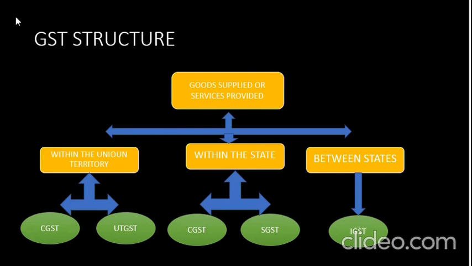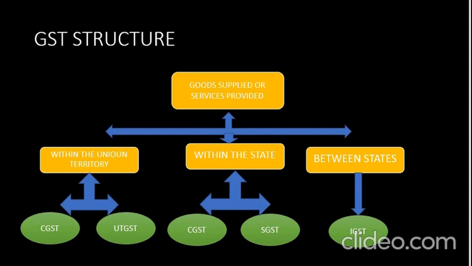Now we're looking into the goods GST structure. We will get into the different GSTs charged across India. Goods supplied or services provided are divided into three: within the union territory, within the state, and between states. When I speak about union territories, in the same way as the state government and the center government have their own governments, the union territories also have their own government.